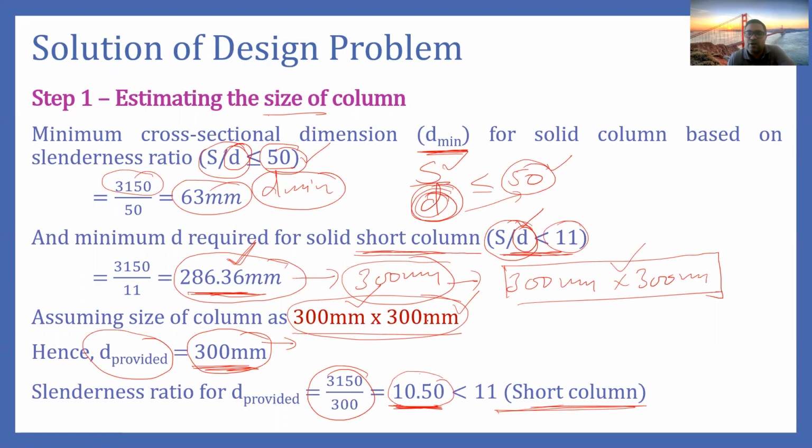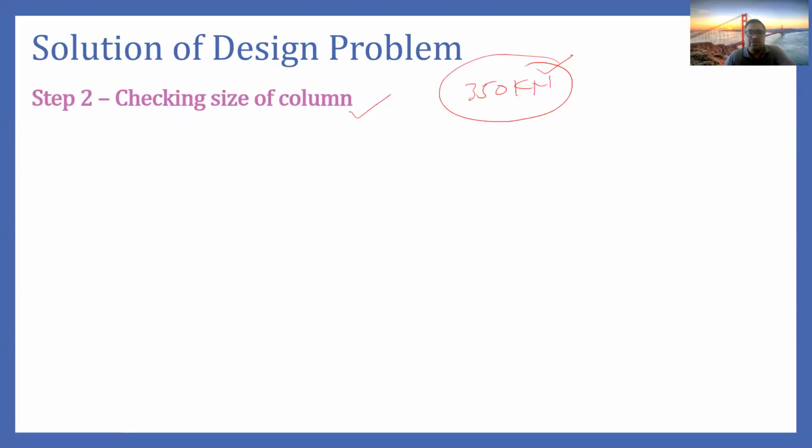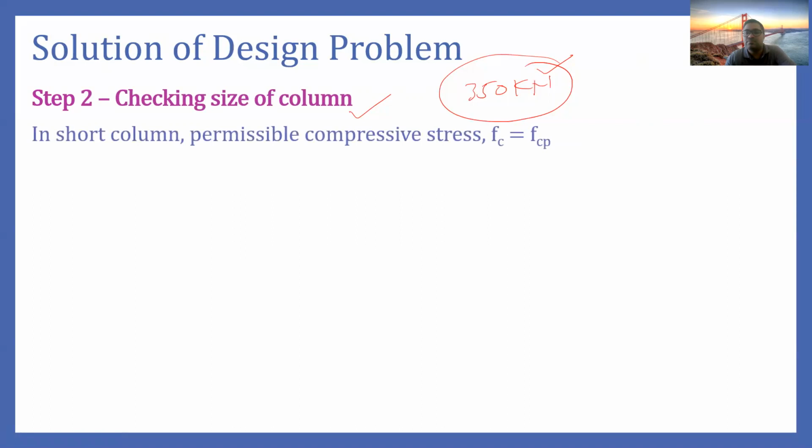If the area provided is higher than required, then we will say that the size of the column is sufficient. So here we are supposed to find out the area required. Using the stress formula, we know that stress equals force upon area.